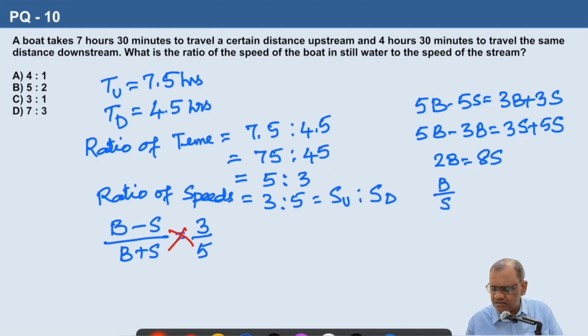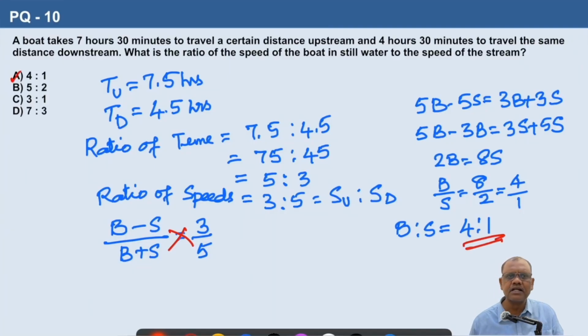B by S is equal to 8 by 2, which is 4 by 1. So the ratio of the speed of the boat in still water to the speed of the stream is 4 is to 1. That is the answer. 4 is to 1 is the correct answer. Option A is the correct answer.